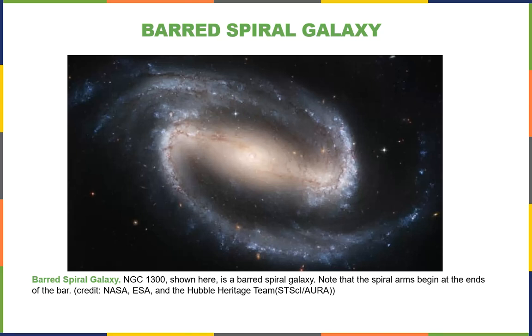And I know I've seen people speculate they all have a bar, it's just some might be so small we can't see them. So that bar is something interesting. Notice the spiral arms start at either end of the bar. So here the bar is there, and then we have the spiral arms going out.